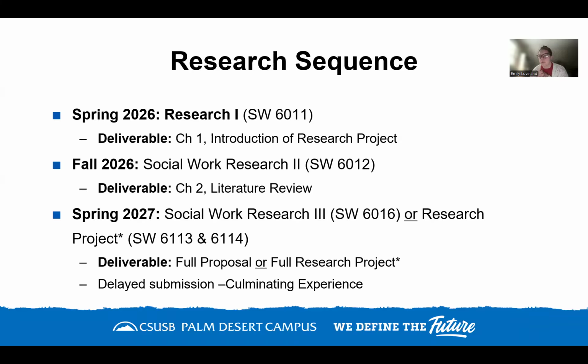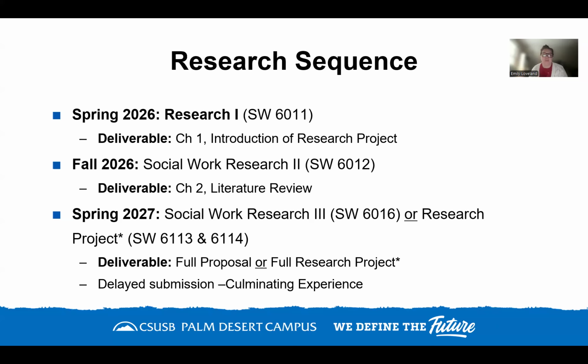Now, one thing I really want to mention is that because you will be finishing this in the second year of your 3-year program, there are particular considerations because you can't actually submit your thesis until the year that you graduate.